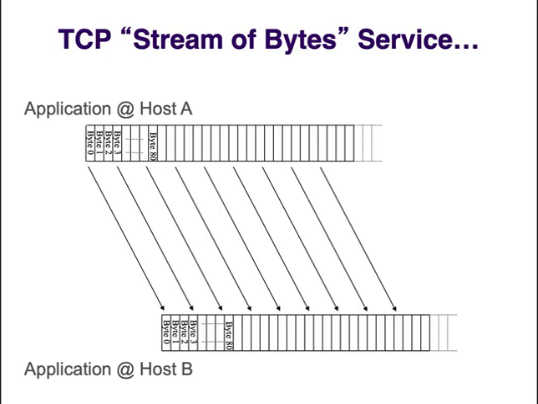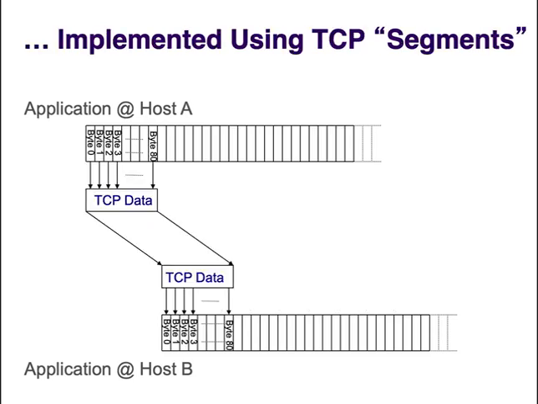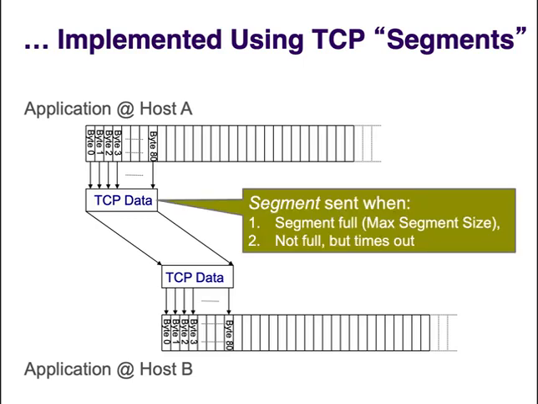If we dig into how that's actually implemented, you're not sending one byte at a time to the receiver. Instead, you're taking a set of these bytes from the application, and you're going to put them into what we call a TCP segment. And we send TCP segments over to the receiving side. So a TCP segment is the actual application data that's being sent between hosts.